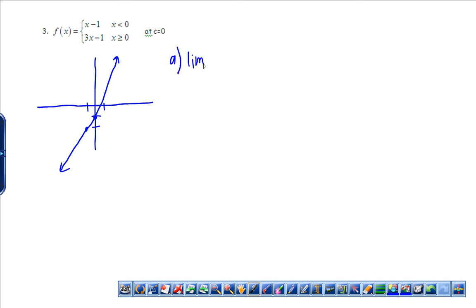So as the limit as x approaches 0 from the negative side, your function is approaching, it looks like -1. And on B, the limit as x approaches 0 from the positive side, your function is also approaching -1.